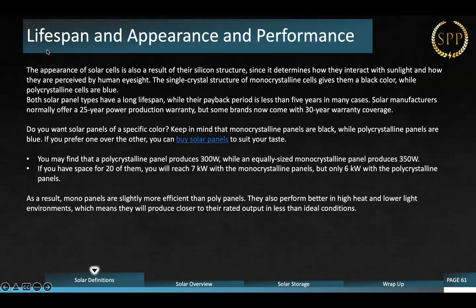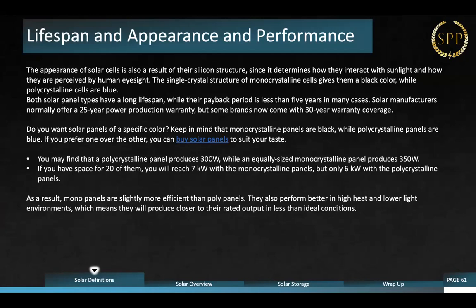The appearance of the solar cells is also a result of their silicon structure, since it determines how they interact with the sunlight and how they are perceived by the human eye. The single cell structure of monocrystalline cells gives them a black color, while polycrystalline cells are blue. Both solar panel types have long lifespans, and their payback is less than 5 years in most cases. Solar manufacturers normally offer a 25-year power production warranty, but some brands go as much as 30 years.